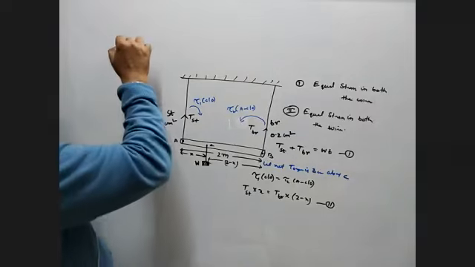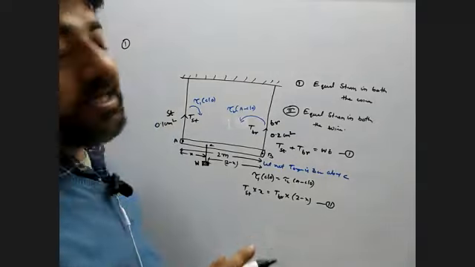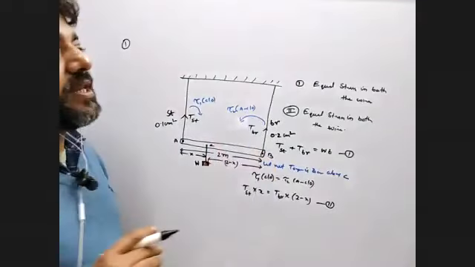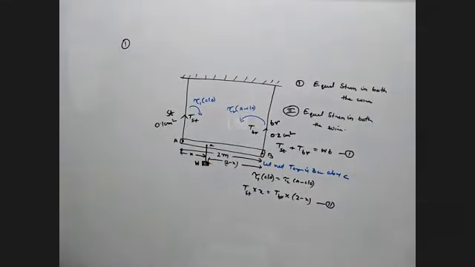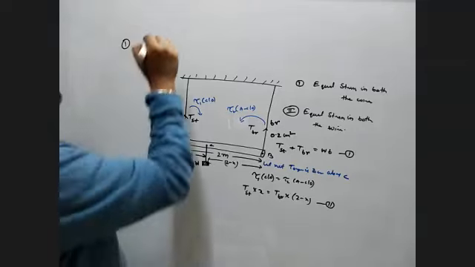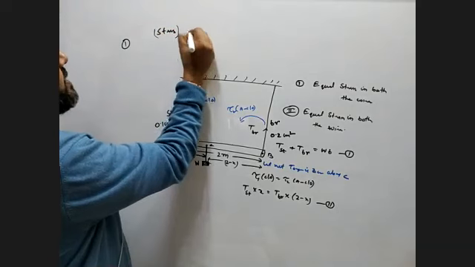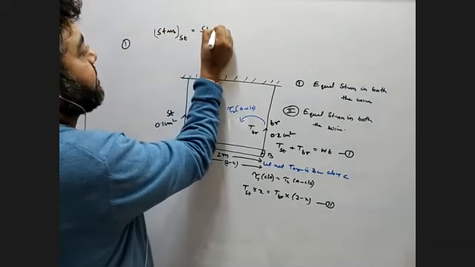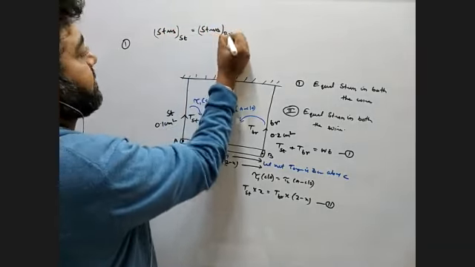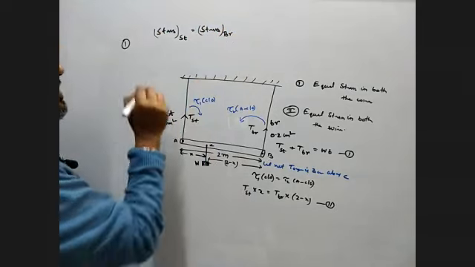What is the condition given? First condition is given equal stress in both the wire. So stress of steel is equals to stress in brass. So what do you mean by stress?